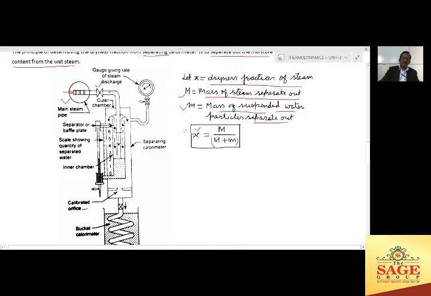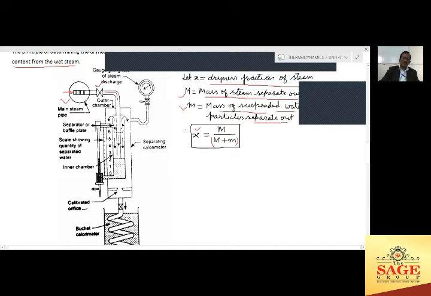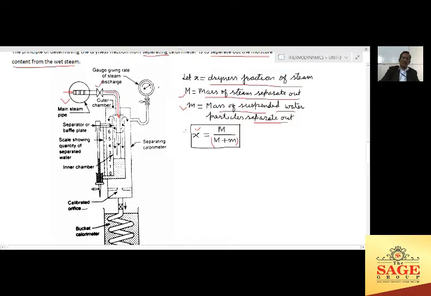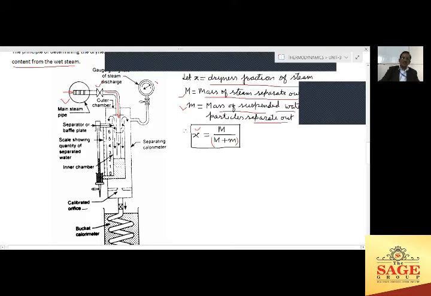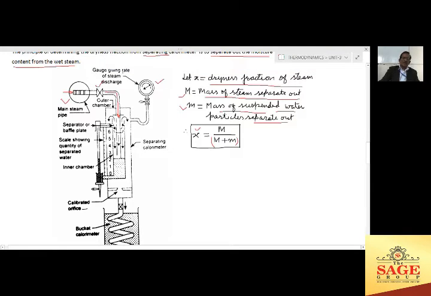Then the steam will pass through this passage. Here we are using a pressure gauge, which gives the rate of steam discharge. It is the gauge for measuring the flow of the steam.